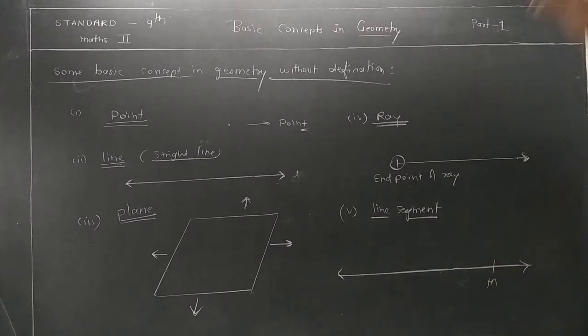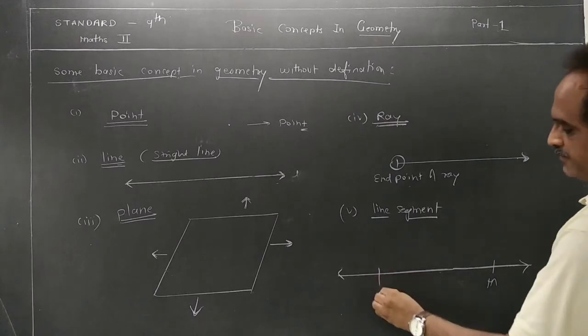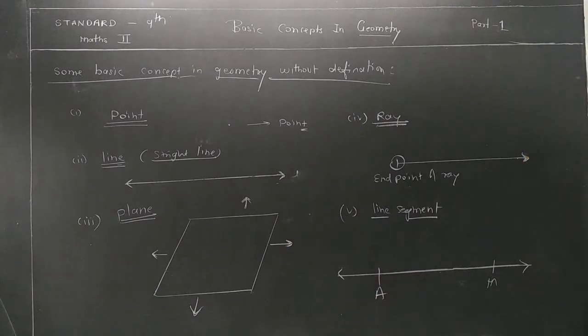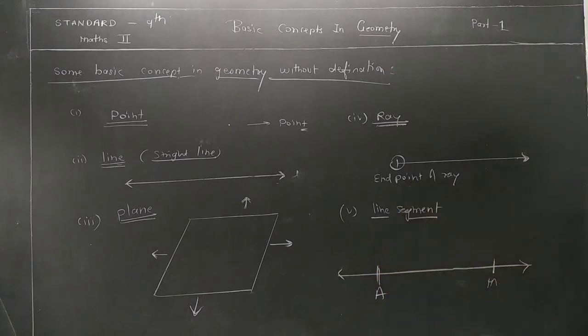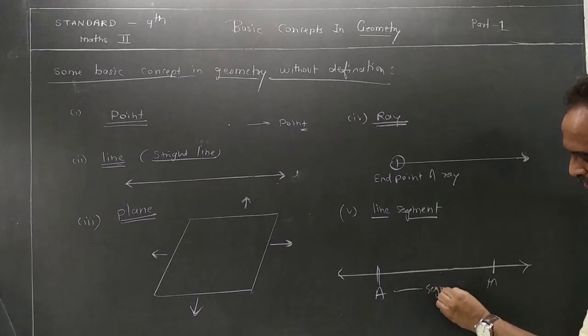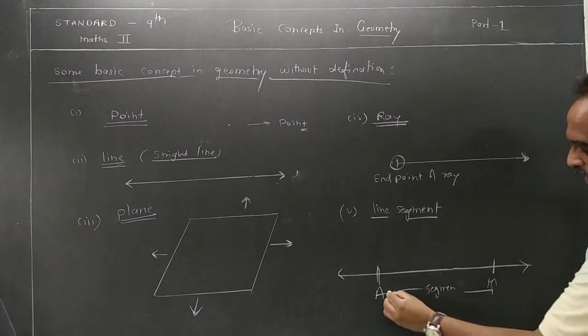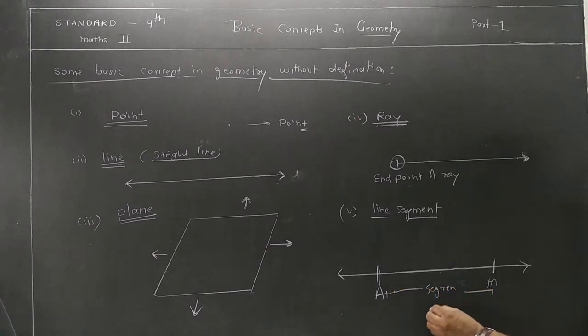If it is a straight road till Ahmedabad, on that road I am going to take 2 points. Now these points are not going to extend, it is fixed. Then this part is called what? Segment. From where to where? A to M, and I will call it segment AM.